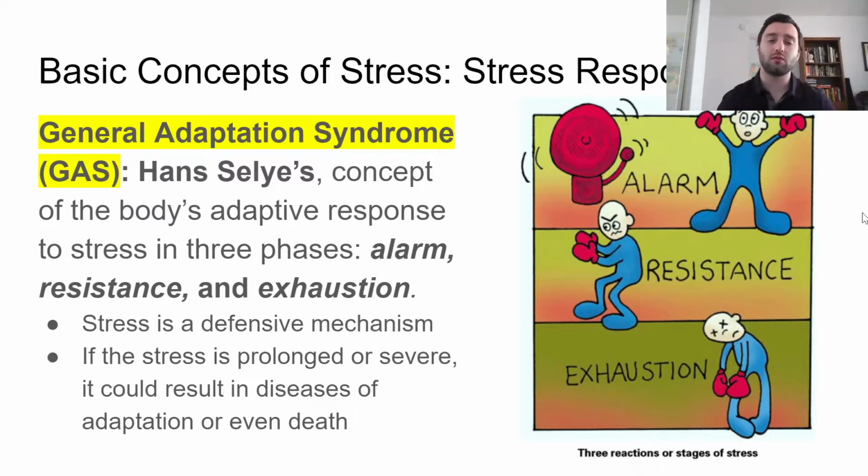Now, one thing we do see, though, is that if stress is prolonged or really severe, incredibly stressful, it can result in negative health consequences. We'll talk about this a little more towards the end, but it can result in diseases of adaptation or even death. So we can actually have problems caused by extended or very severe stress responses.